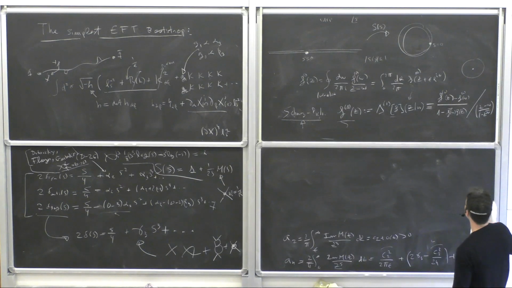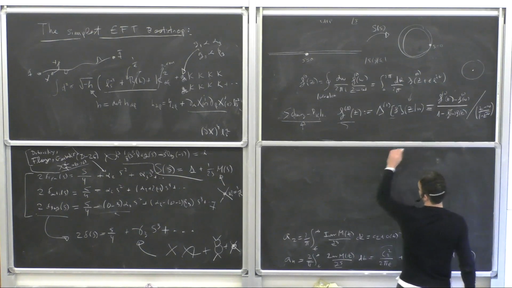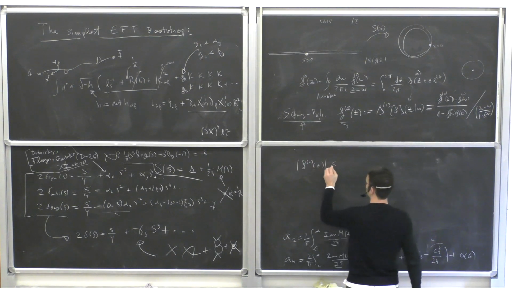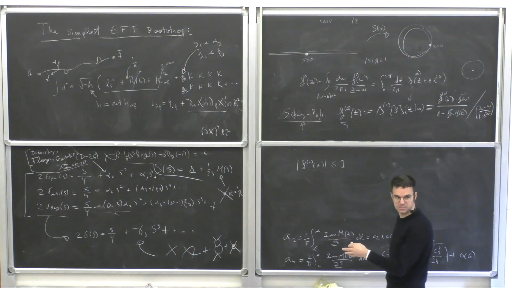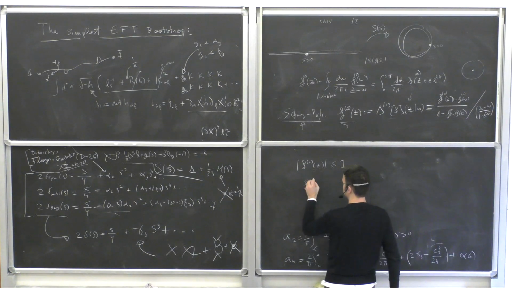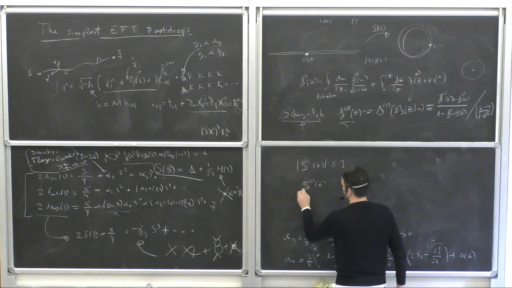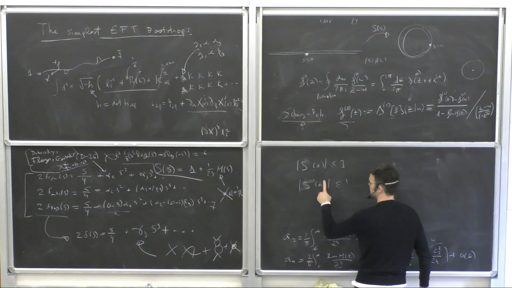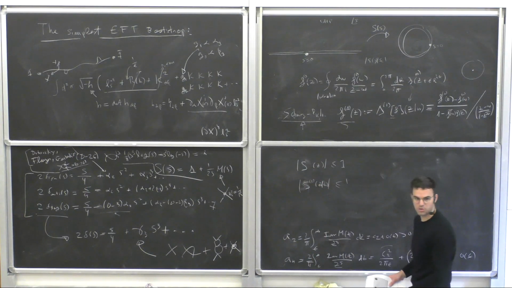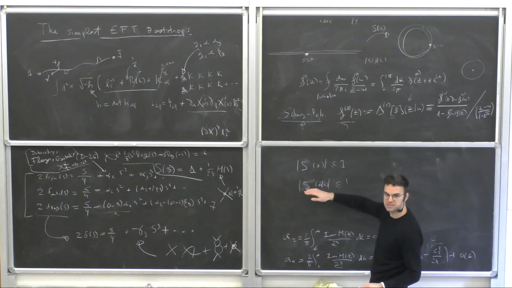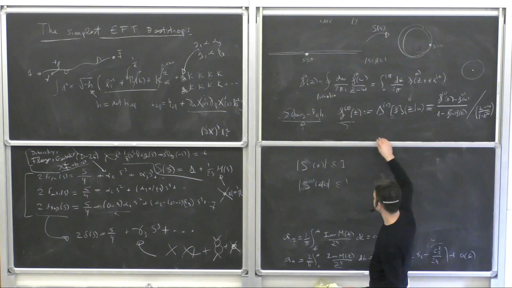So that's the result. If we start with an f naught of z which is bounded by 1 around the boundary of the unit disk, and let's think of this as the S matrix right away, the S matrix that we are computing, then S1 of z is also bounded by 1, okay? And now you may ask, what is the function that saturates this bound? What is the function that is going to give us the maximal value?